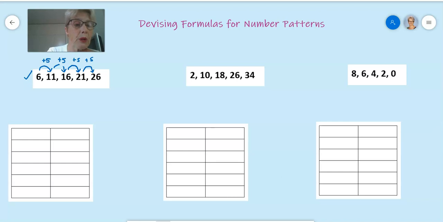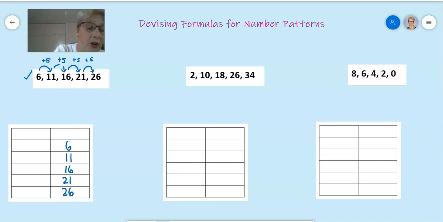Well, the first thing that we do is we write our number pattern again, but in a table. Now, down the right-hand side here, I'm going to write in the number pattern 6, 11, 16, 21, and 26.